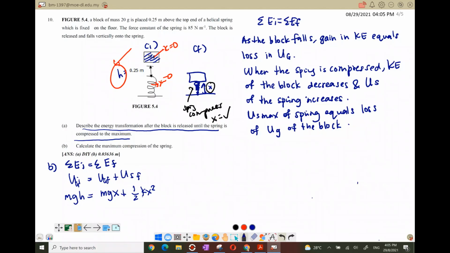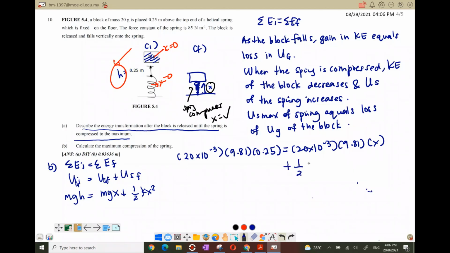Okay, we substitute all the values into the formula. So we have now, okay, m equals 20 times 10 to the power of negative 3, g is 9.81, h is 0.25, equals m 20, g 9.81, x kita tak tahu, then plus half, k dia dah beri force constant is 85, x squared.